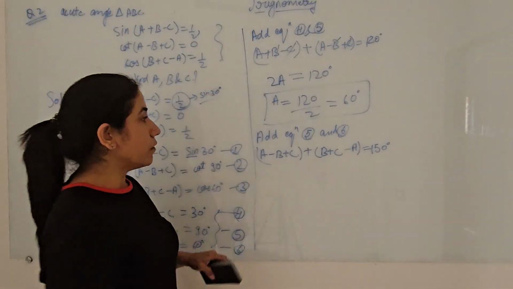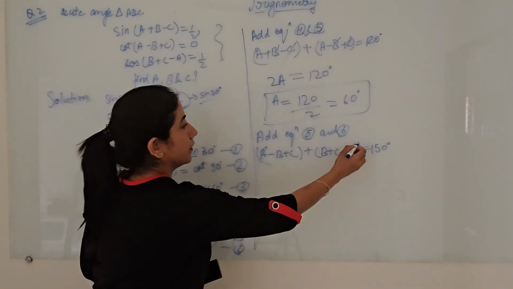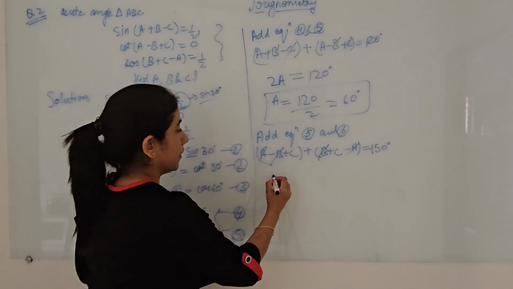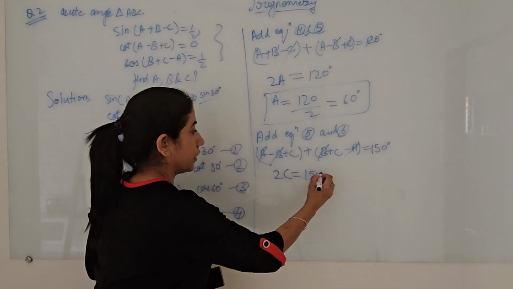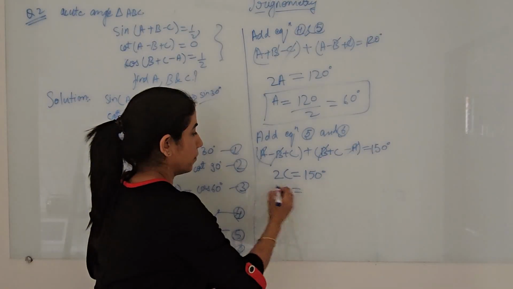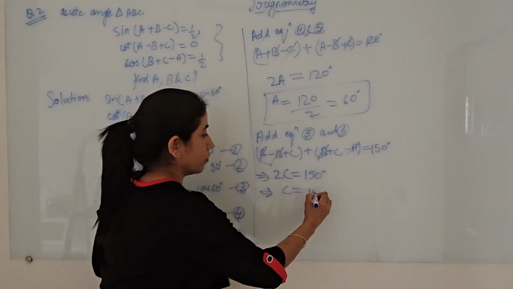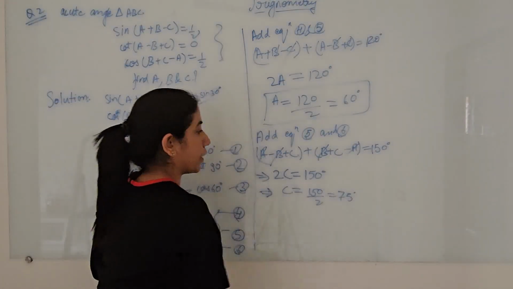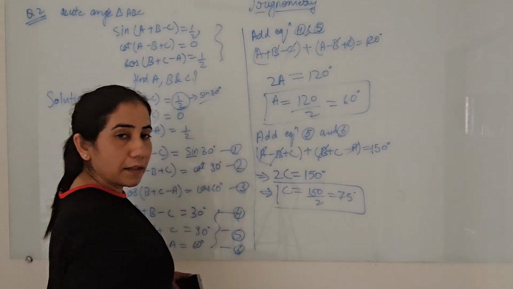Now solving them, plus A and minus A will cancel. Minus B and plus B will cancel. Here I got twice of C is equal to 150 degree. This implies C is equal to 150 upon 2, that is 75 degree. Okay. One more angle I have found.